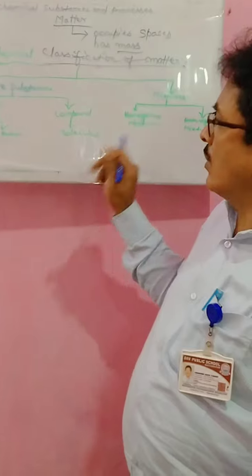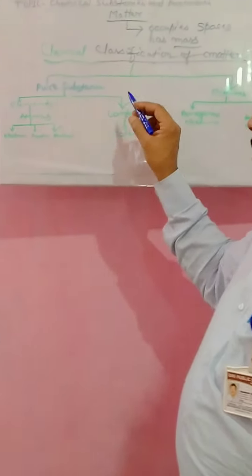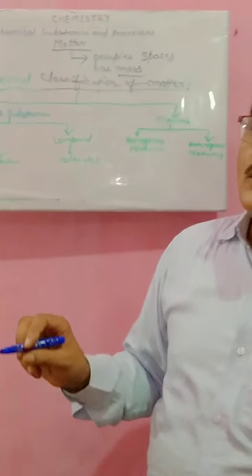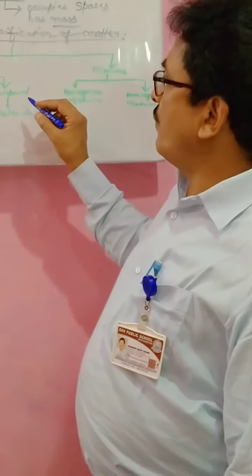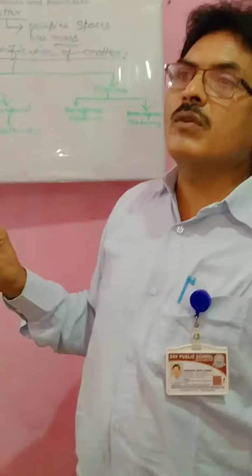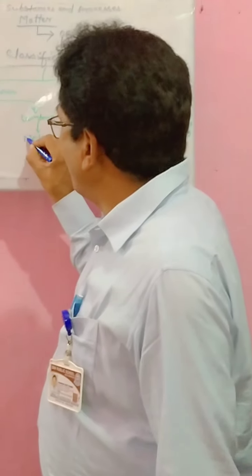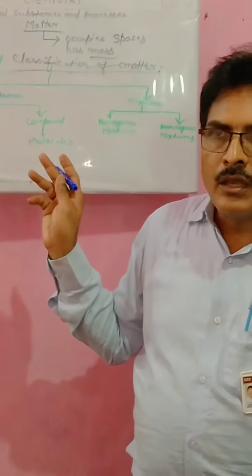Now about compound. Compound is that type of pure substance which is made of the same kind of molecules. So you can define compound as the bulk form of molecules, right?